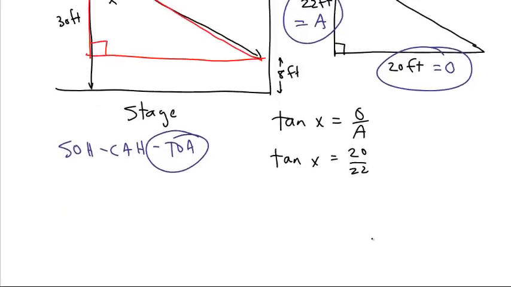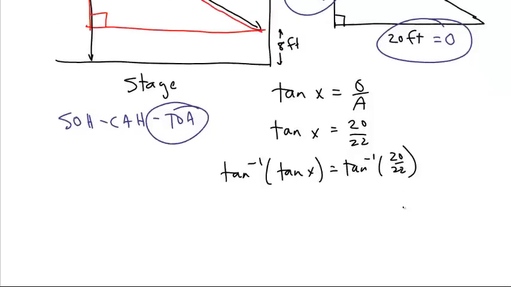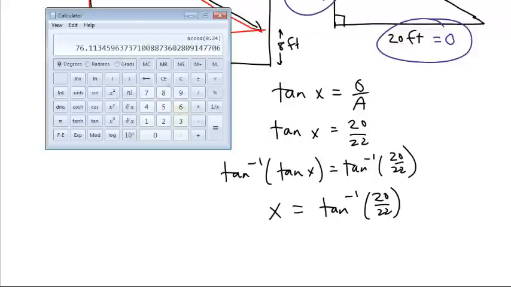And we can take the inverse tangent of both sides. And that will eliminate the inverse tangent and tangent. They undo each other. That's what tangent inverse does. X is the inverse tangent of 20 over 22, which could be reduced, but hey, who cares? We take 20, we divide by 22, we get that.